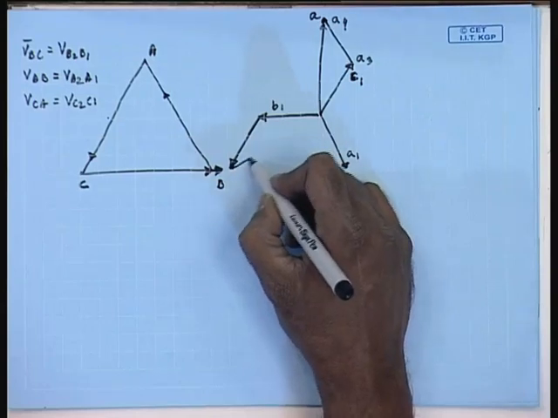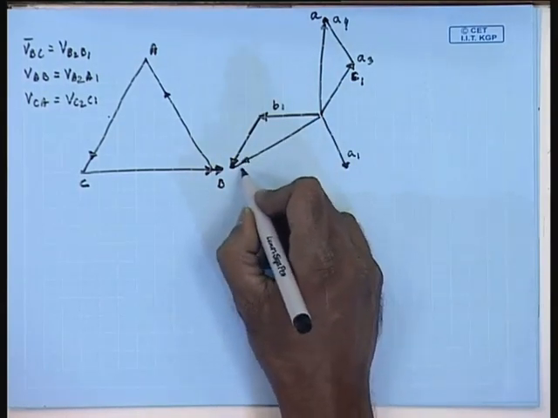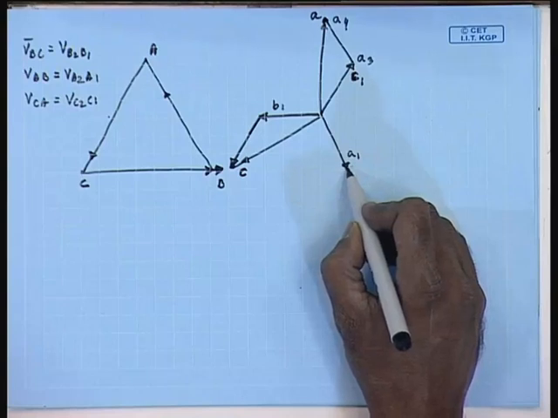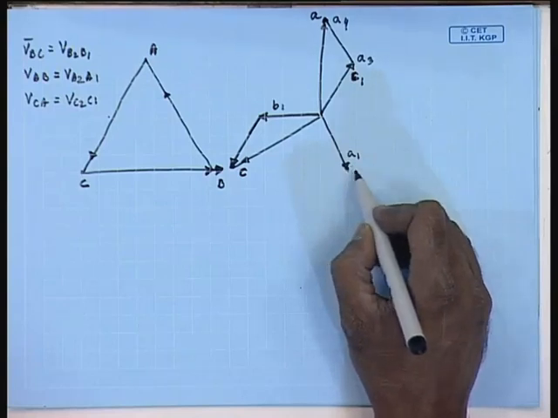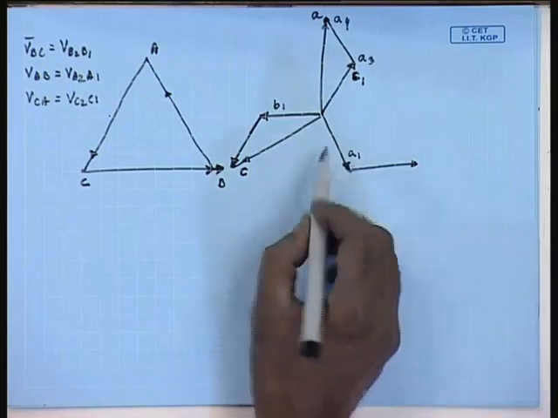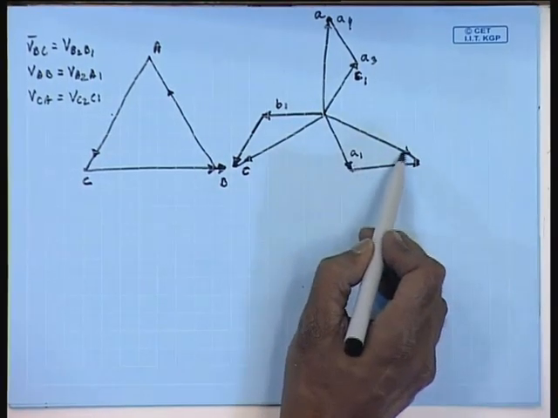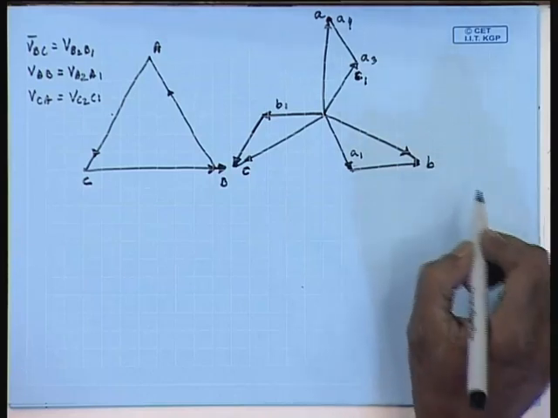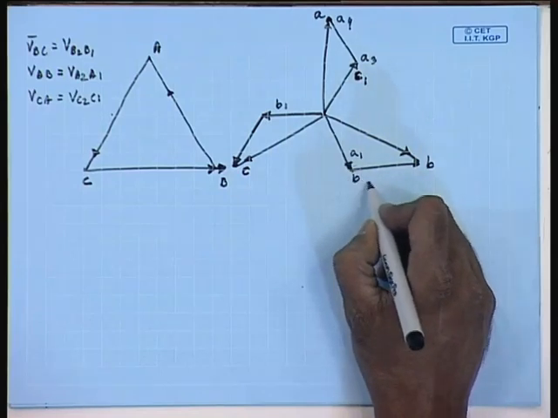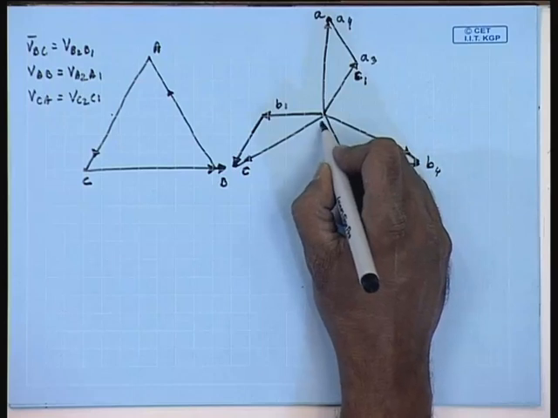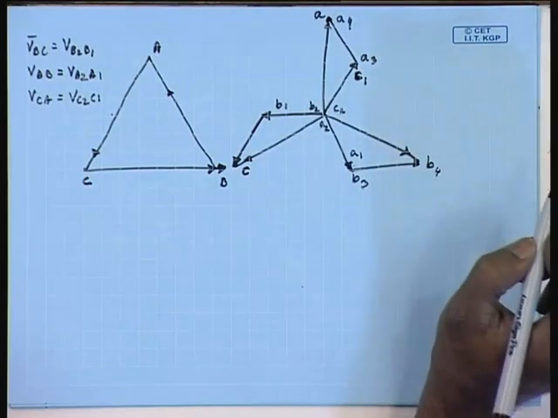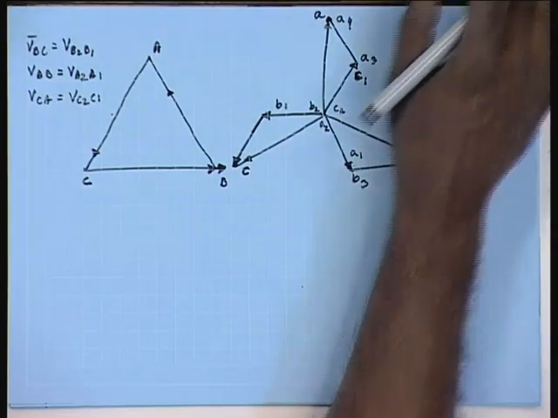Hence, this will be the voltage phasor VC, or this is the C phase, and phase B is obtained by connecting B4 B3 with A1 A2 and this is phase B. This is what the voltage phasor diagram will look like.